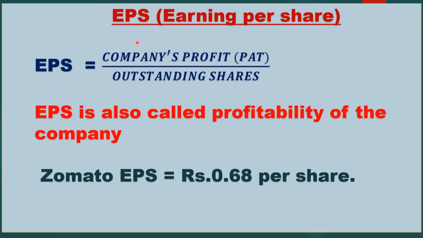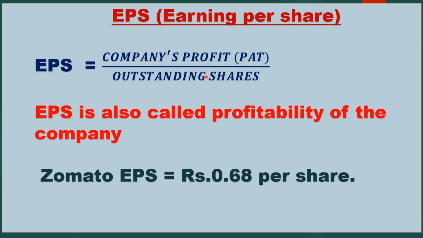Okay, what is EPS? Earnings per share. It is equal to the company's profit after tax divided by outstanding shares. In the PE ratio, we have used EPS. What is EPS? How is it obtained?